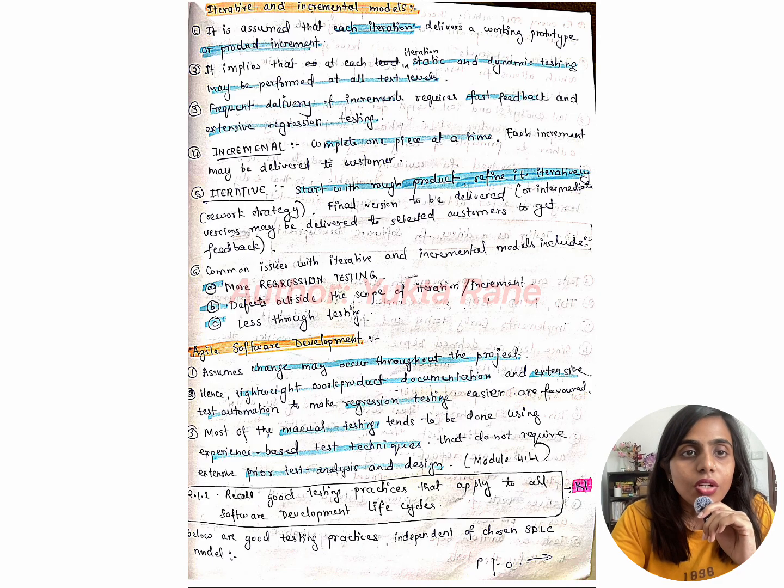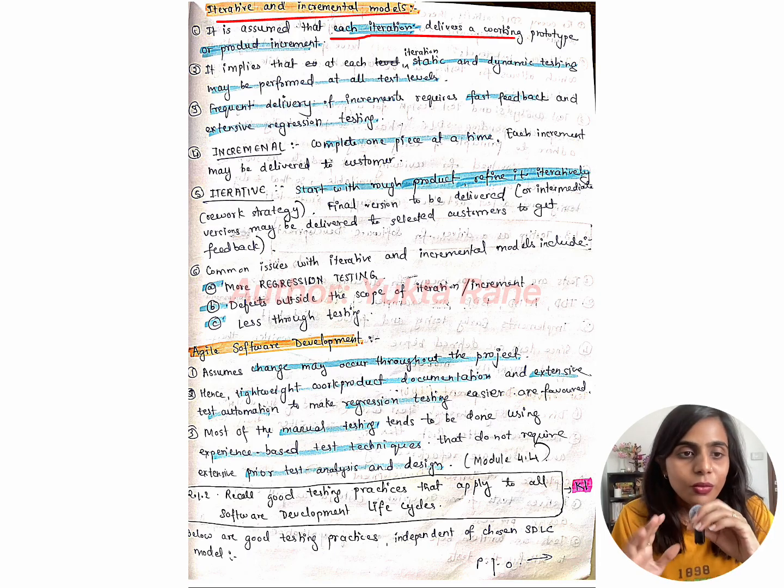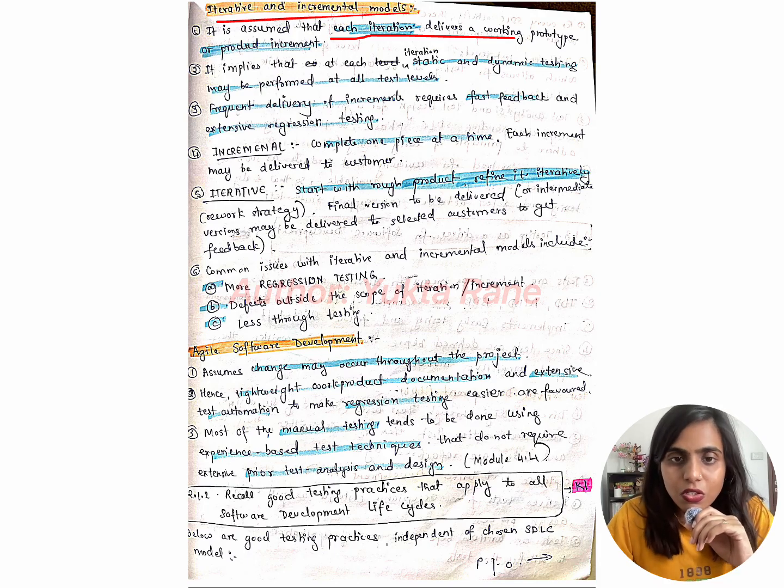The next one is iterative and incremental models. It is assumed that each iteration delivers a working prototype. So you imagine how amazing this is. You will be designing the product or process in iterations, and the end of each iteration will deliver a working prototype, and you will build on the working prototypes.